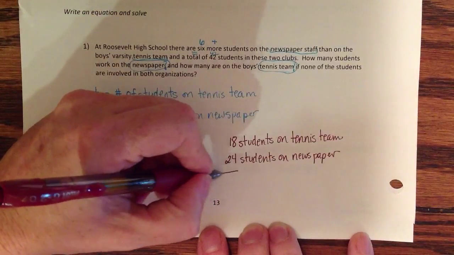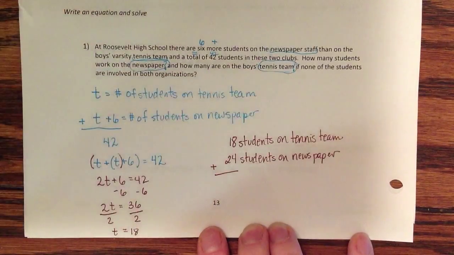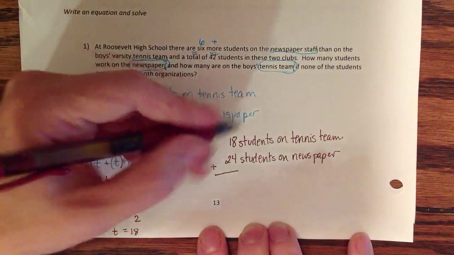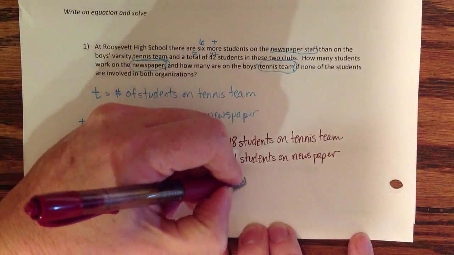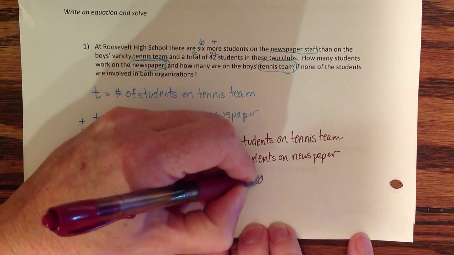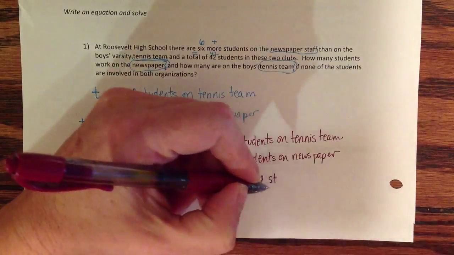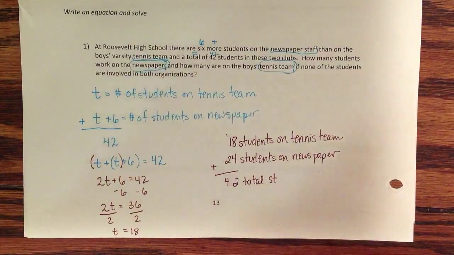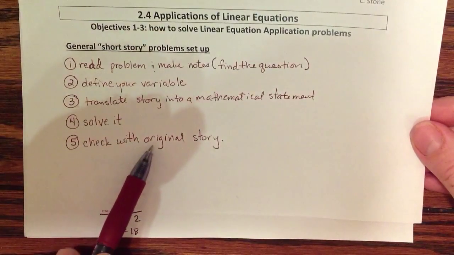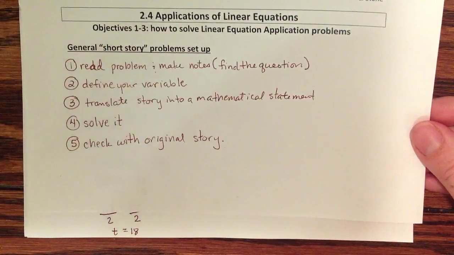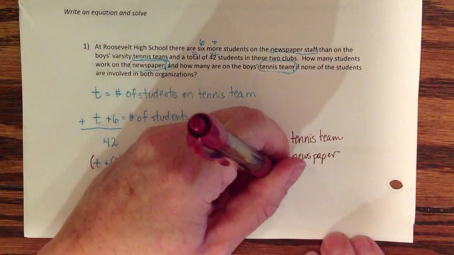I'm going to double check just the equation part of my math to make sure that this does add up to the required 42. And sure enough, I do get the right total. But you'll remember that I said from the rules that we're going to follow that we aren't going to just check it with our equation, we're also going to check it against the original story and make sure it makes sense.